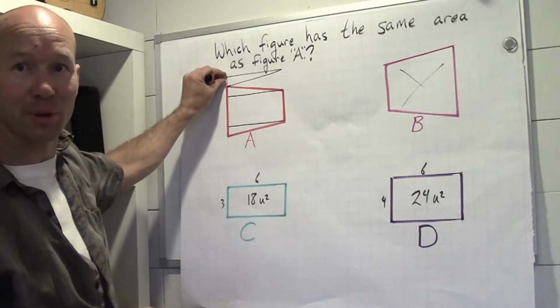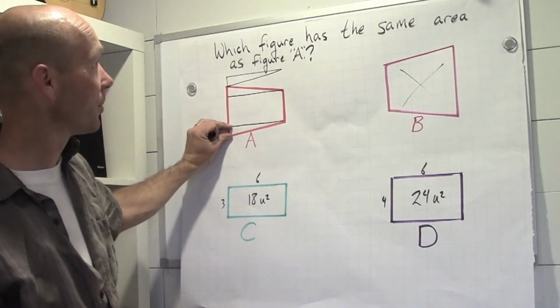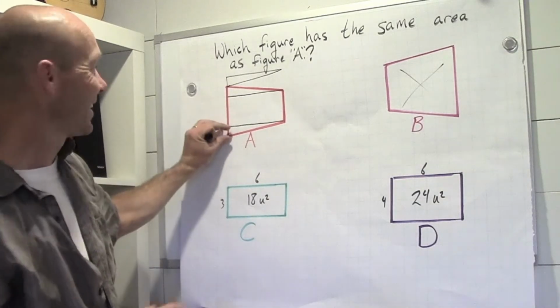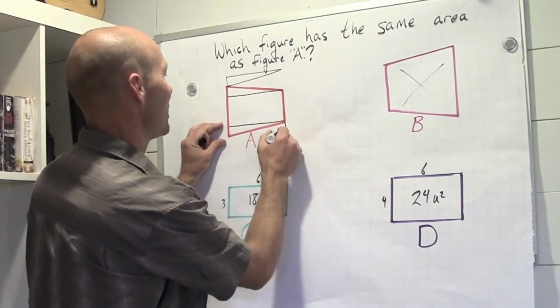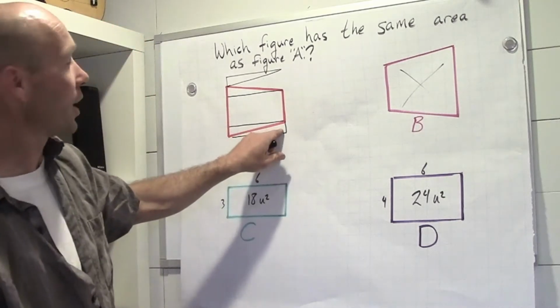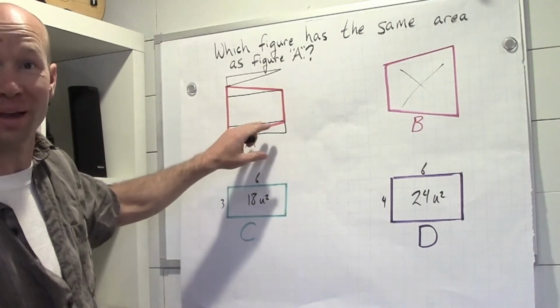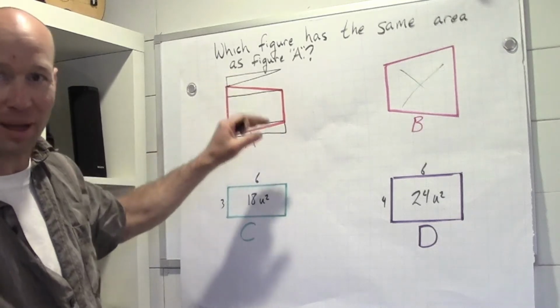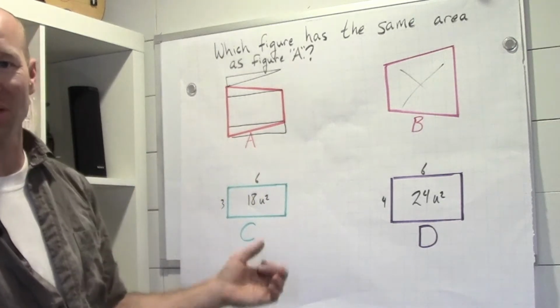And if I were to copy that triangle and bring it down, what do I have here? I've got the same triangle. And 2 triangles make a rectangle, or make a parallelogram if we don't have right triangles.